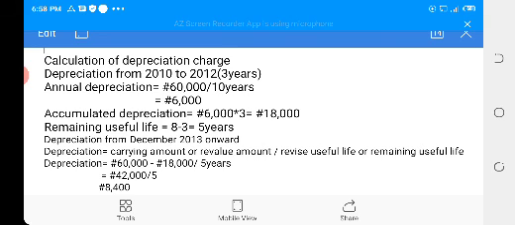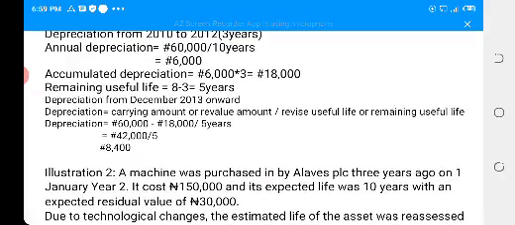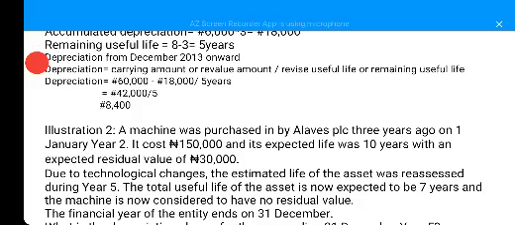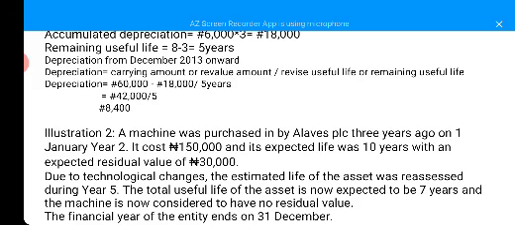Now the carrying amount is 60,000 minus 18,000 over 5. Then we have 42,000 over 5, which gives us 8,400, the depreciation from 2013 onward.